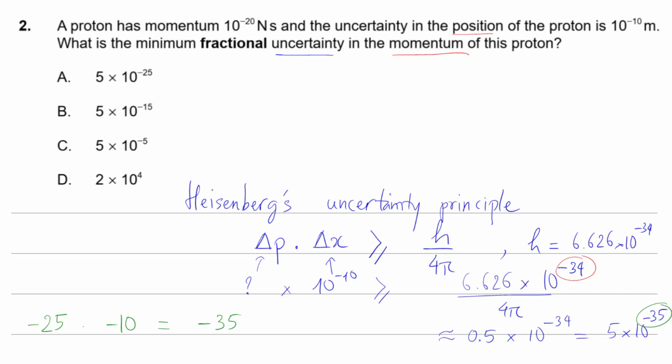So we can determine that the answer is option A, okay? So that's how we can do the estimation without using the calculator in this paper. Now, let's move on to the next question.